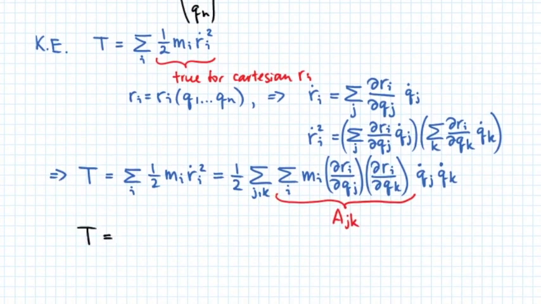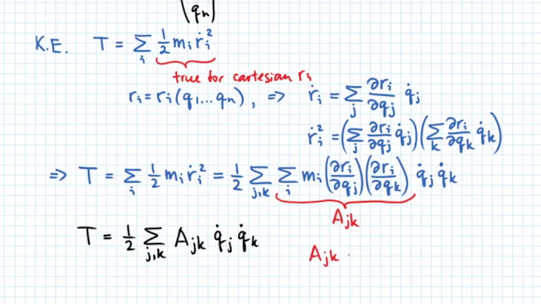Therefore, we can write that kinetic energy is given by half of a double sum along indices j and k of a sub jk times generalized velocity q sub j dot and generalized velocity q sub k dot. Note that the coefficients a sub jk are symmetric. If we change the order of j and k, we get the same thing.